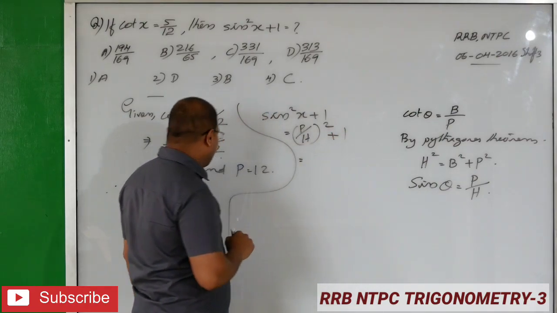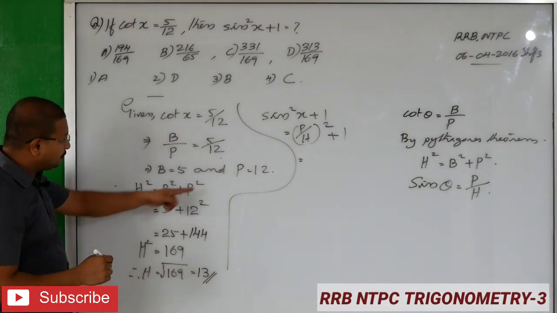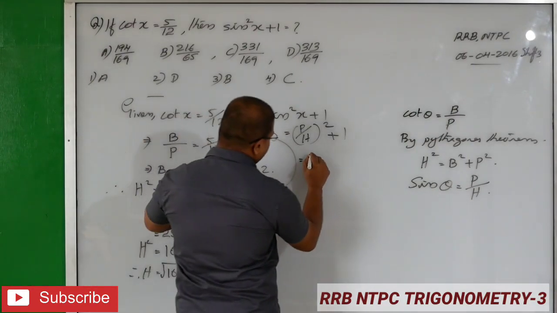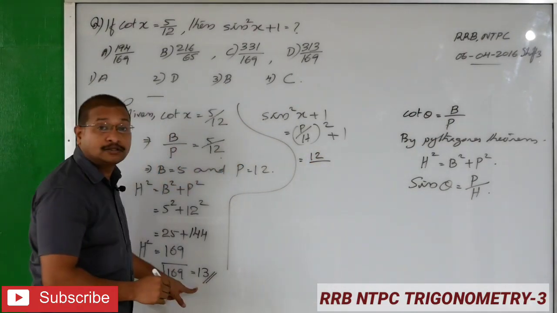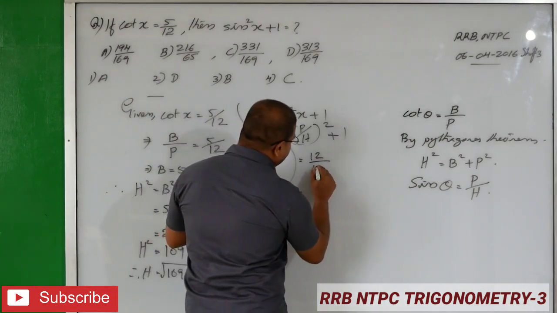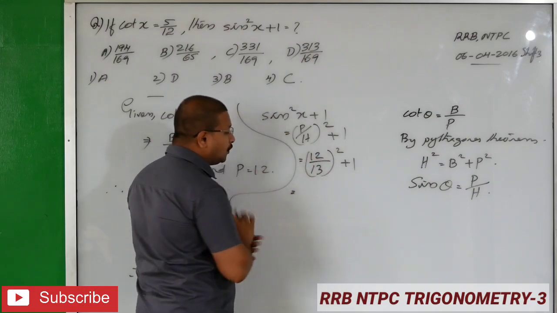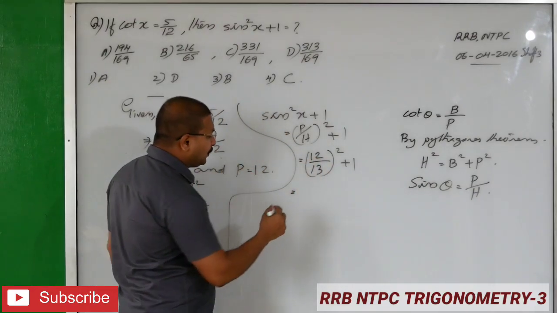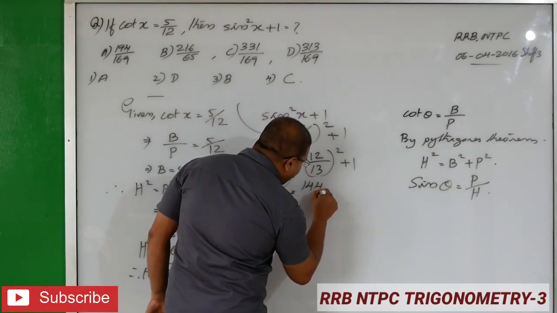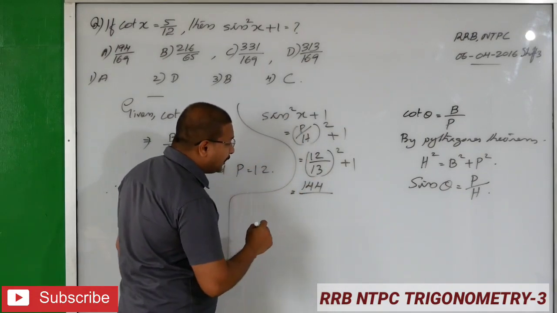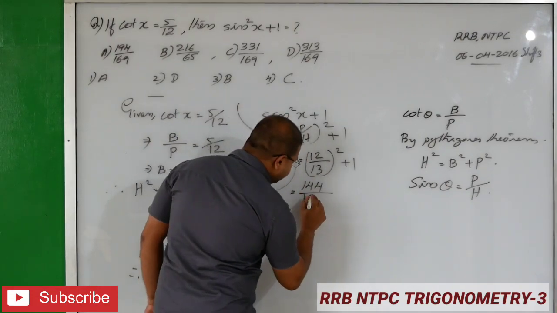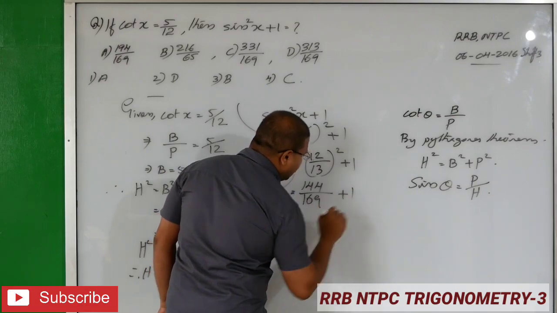What is the value of perpendicular? 12. 12 by hypotenuse 13. So 12 by 13, the whole square plus 1 equals square of 12. 12 twelves are 144, 144 divided by 13 square, 169, plus 1.